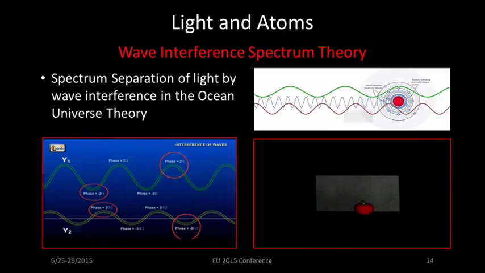Absorption and emission lines resulting from spectrum separation of light are more practically explained, and the mechanical process that creates these lines can be repeatedly demonstrated in the ocean universe theory. As we previously discussed, light is a wave propagation, and all wave propagation must occur in some medium.